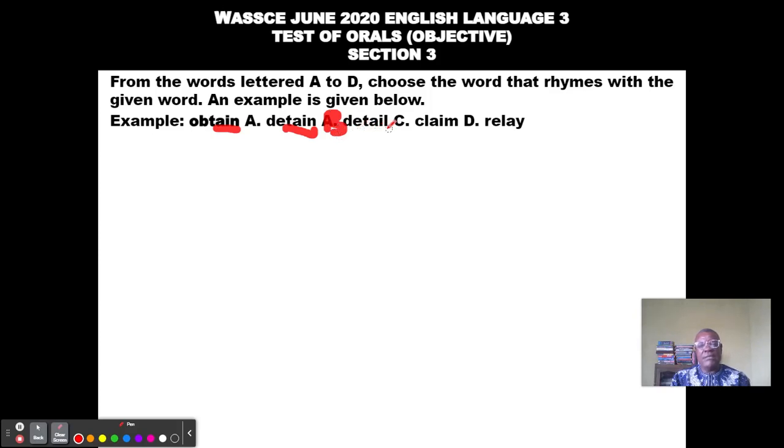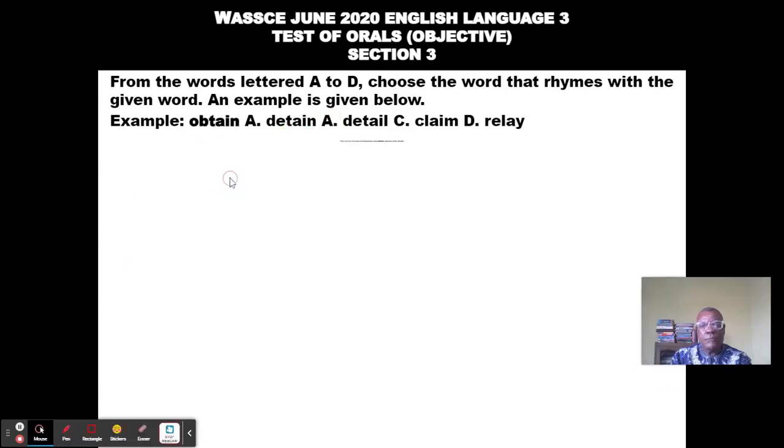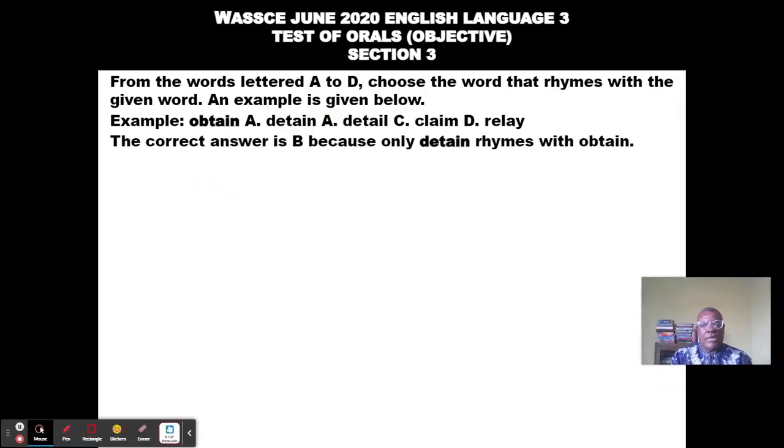You see, this is tail, this is tain, this is tain. So this is wrong. Claim, no. Relay, no. So the correct option is detain. So as we can see, the correct answer is B, because only detain rhymes with obtain. Okay, so now answer the questions that follow.